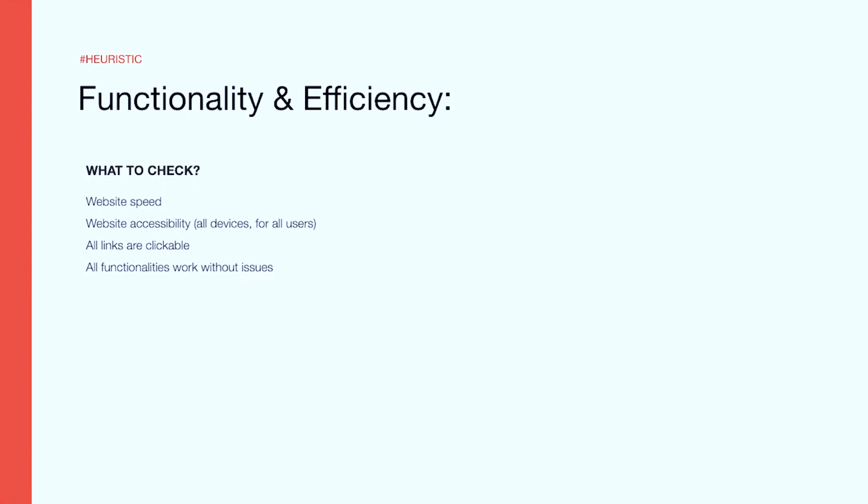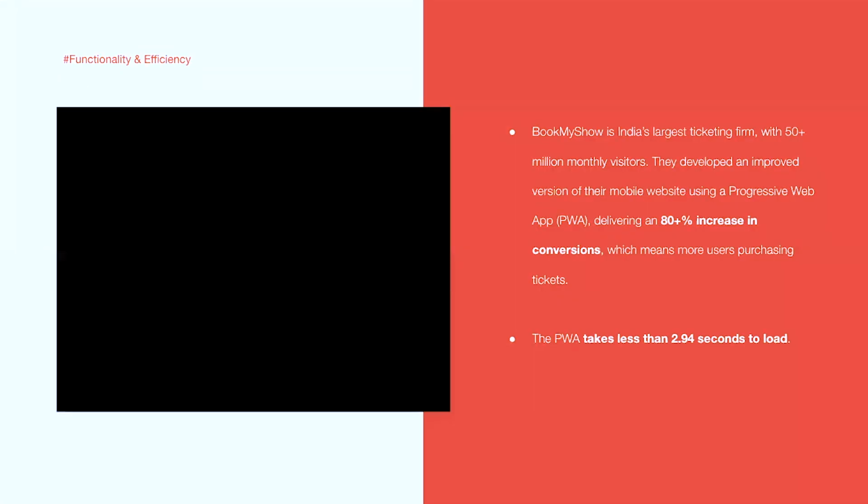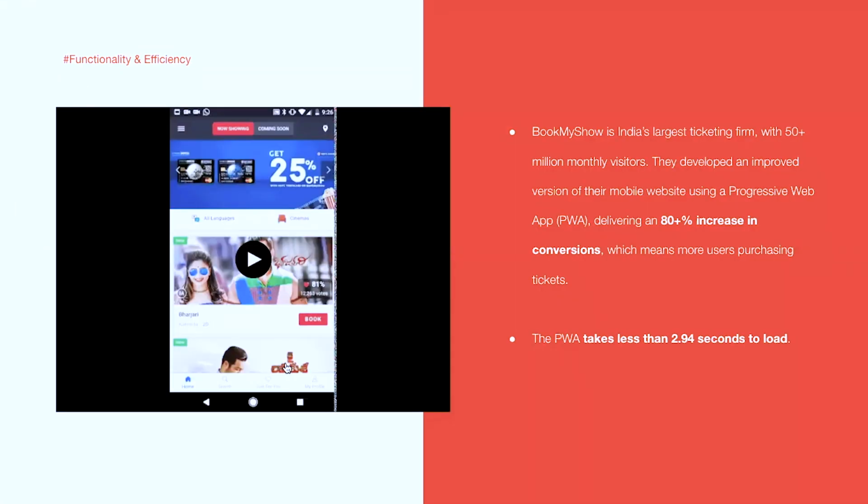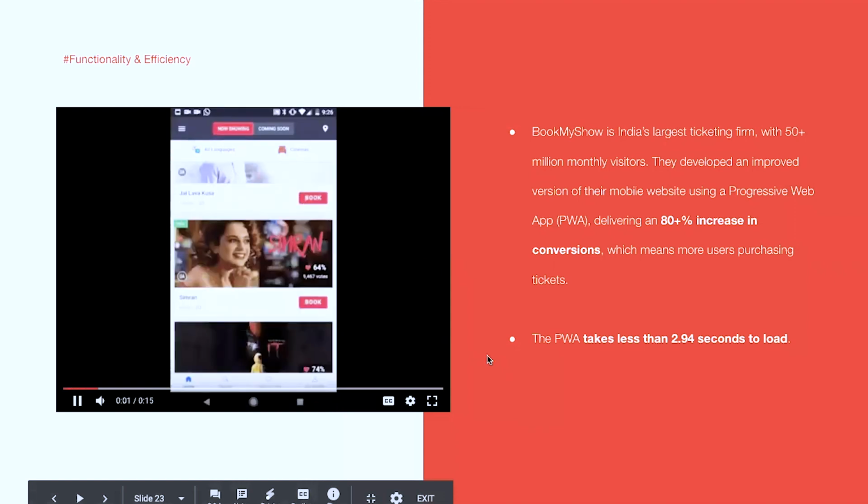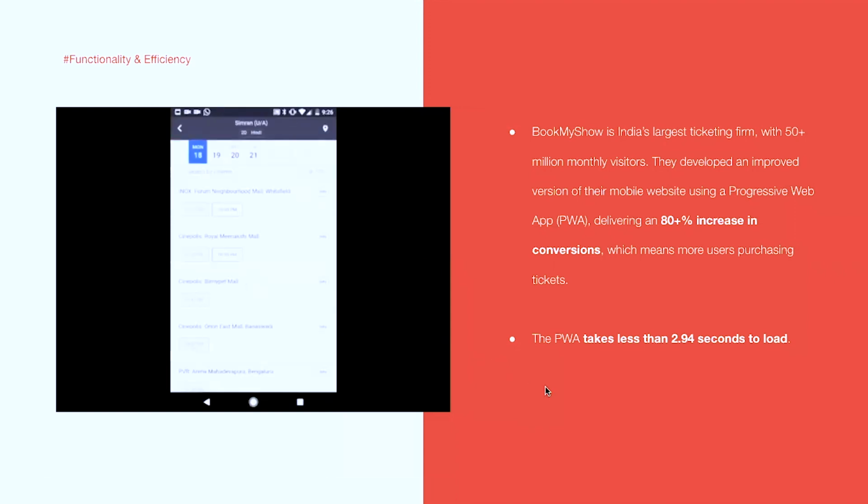So as an example for that, there's a case study that Google published on their services. Basically, a big platform, Book My Show, which sells tickets in India. They switched their website to a progressive web app, and they saw that their website started loading 3 seconds faster.